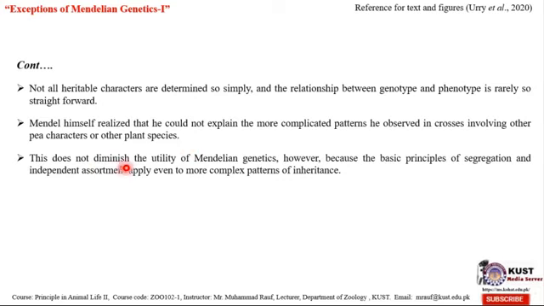This does not diminish the utility of Mendelian genetics, because the Mendelian rules and laws are very common, and they are observed in a lot of cases across the living kingdom. The basic principles of segregation and independent assortment apply even to more complex patterns of inheritance.